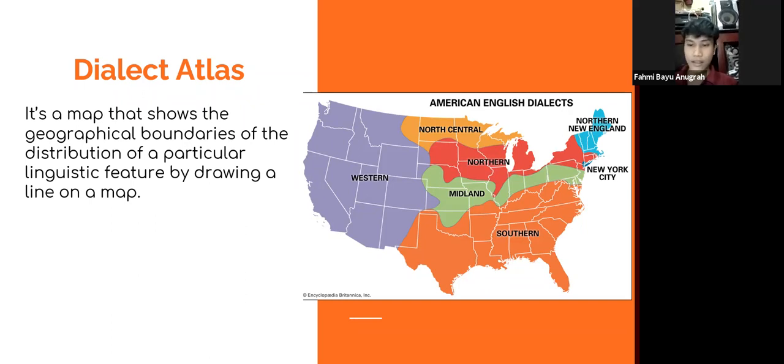And then in the southern part of the Midland, it is the area dominated by the Appalachian Mountains and the Ozark Mountains, which was originally settled by the Pennsylvania Dutch moving south from the North Midland areas, and the Scotch-Irish moving west from Virginia. So usually the sound th at the end of a word or syllable is sometimes pronounced f.